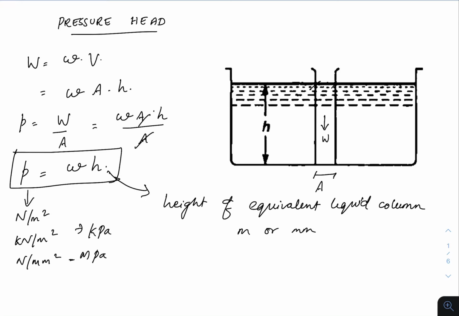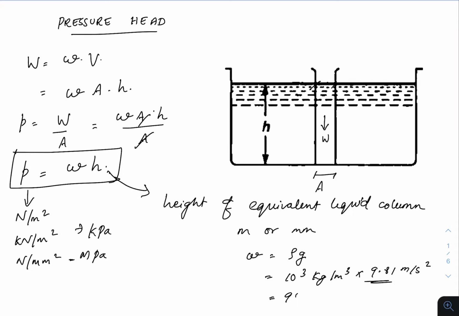Before that, for water, what is the weight density? Weight density is equal to rho g. So that will be 10 to the power 3 kilogram per meter cube into 9.81 meter per second square, that is the g value.